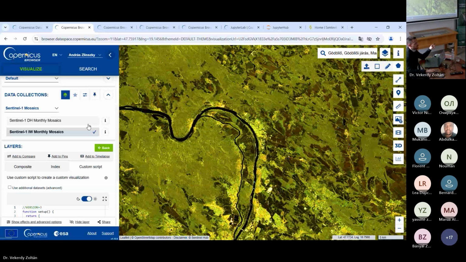We are not using it for predicting the flood, but for mapping the flood.